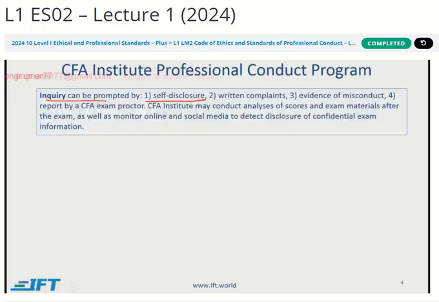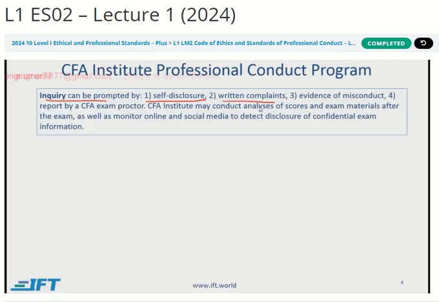The inquiry can be prompted by several reasons. One is self-disclosure. You might recall that when you signed up for the exam, there was a self-disclosure form. If you disclose there that you've been in some legal trouble in the past, or have had some issues with law enforcement authorities, then you will hear from the Professional Conduct Program.